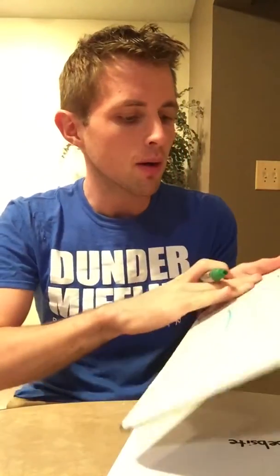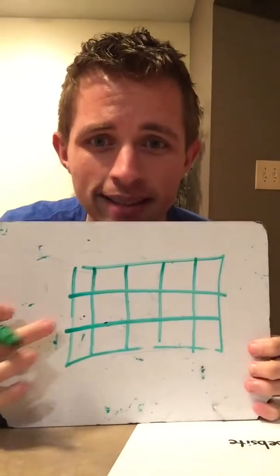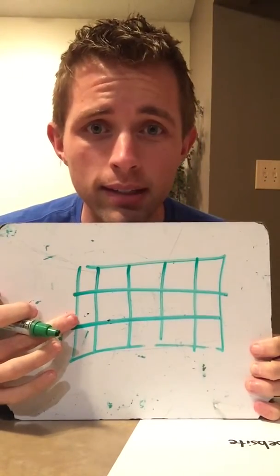Yeah? Okay, so that was just a little bit of vocabulary review for you. That way you have those words fresh in your brain. Also, don't forget, let's say that you have a rectangle that looks like this, that has these little squares inside. What do we call these little squares?